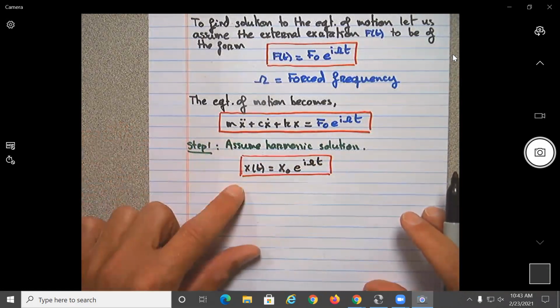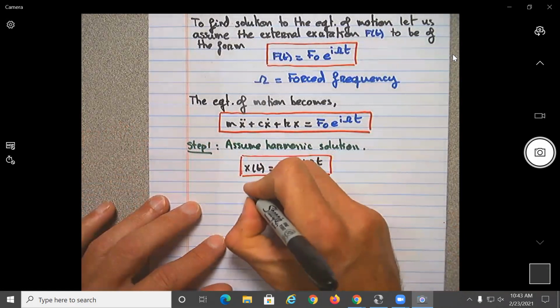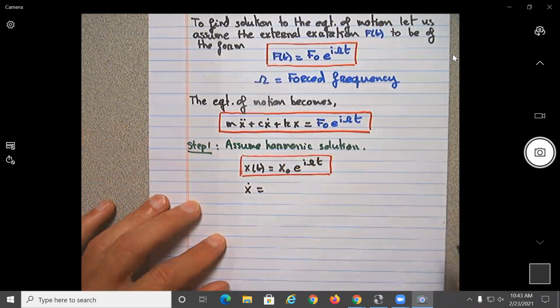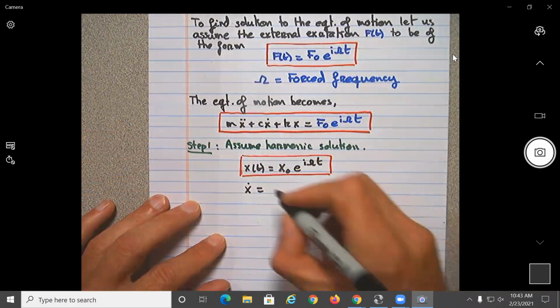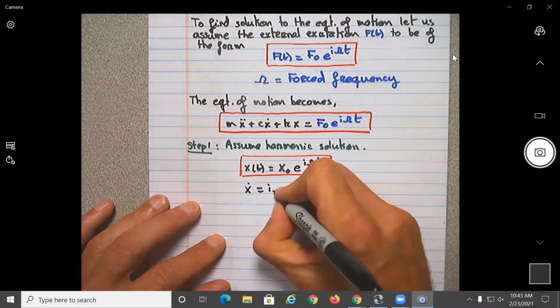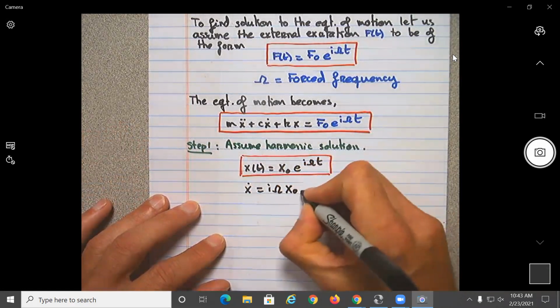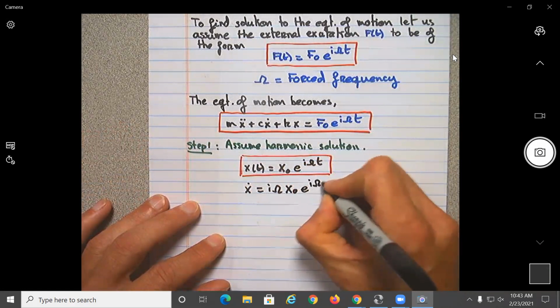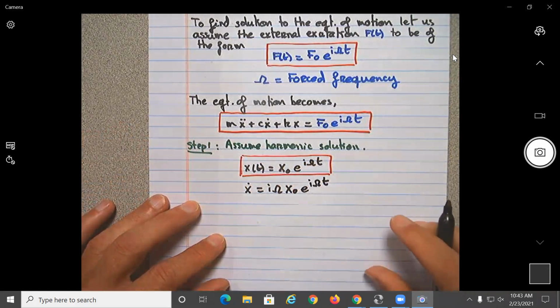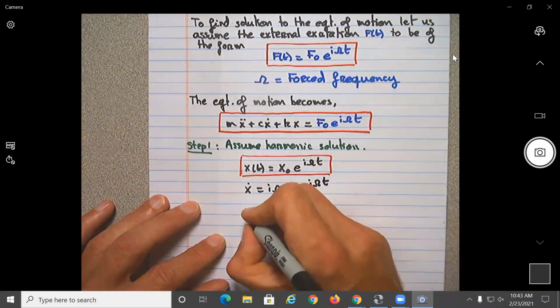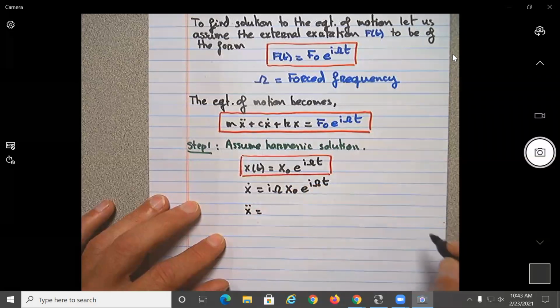So now that you assume this, what can you do? What would be x dot? X dot would be equal to I omega x sub naught e to the I omega t. And x double dot will be equal to what?